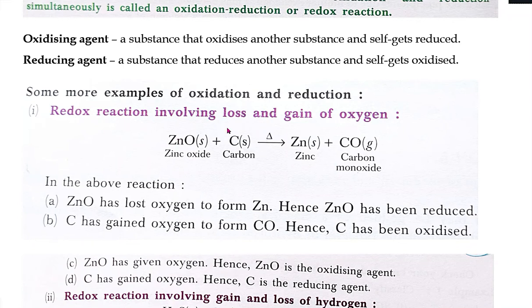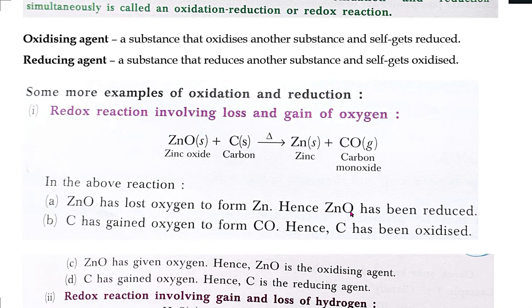Here is an example of a redox reaction which involves loss and gain of oxygen. Loss of oxygen is reduction and gain of oxygen is oxidation. In this reaction, zinc oxide reacts with carbon and forms zinc and carbon monoxide. Here you can see in the above reaction, ZnO, zinc oxide, has lost oxygen and formed zinc.